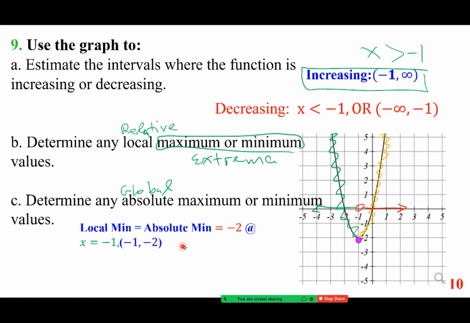Now, the way they ask you a question, you want to answer accordingly. They may ask you to answer as a pair. They may ask you what is the local min or absolute min. It's -2. It's the y coordinate. And what about the maximum? It doesn't exist. We don't have a local max, we don't have an absolute max, none of the above.